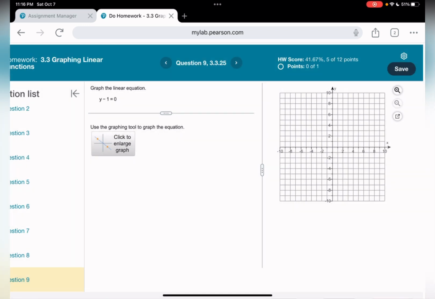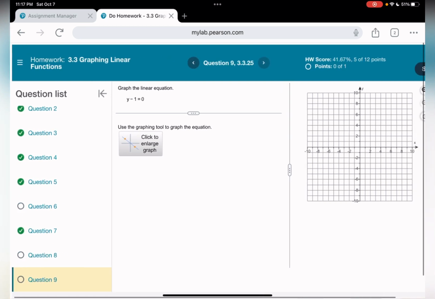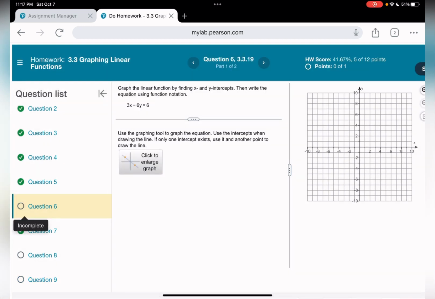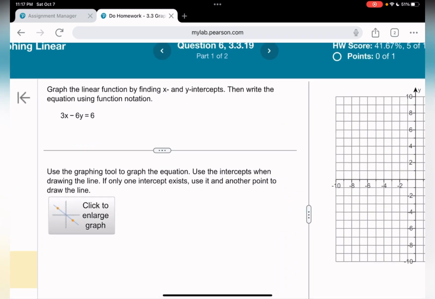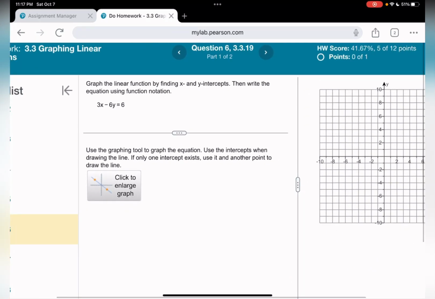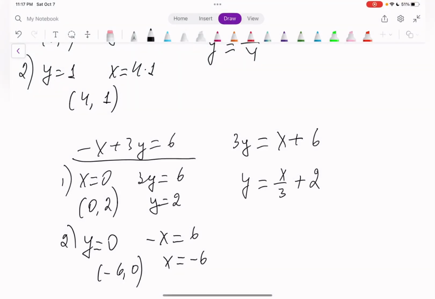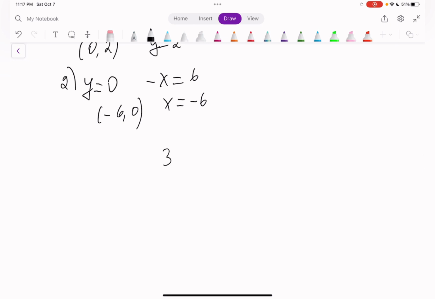Number 9. Did I skip anything? I skipped number 6. Let's go back. Number 6. What was that I skipped? 3x minus 6y equals 6. So we are going to solve it by intercepts again, which is the same thing. So first we take x equal 0. We get negative 6y equals 6.